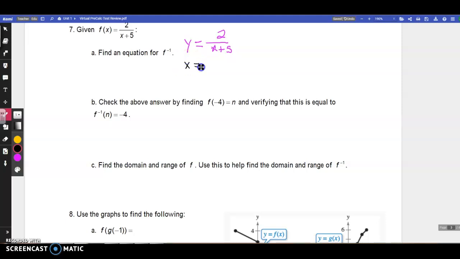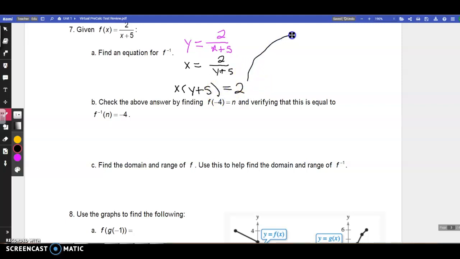So x equals 2 over y plus 5. Sorry, a little sloppy there. All right, so how am I supposed to do this? Well, I guess I should multiply both sides by y plus 5 to get it out of the bottom. So let's start with that. So x times y plus 5 equals 2.